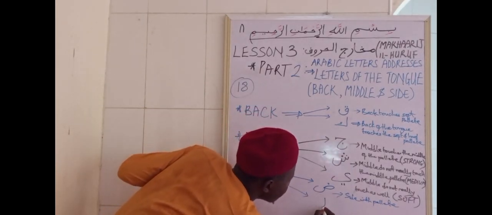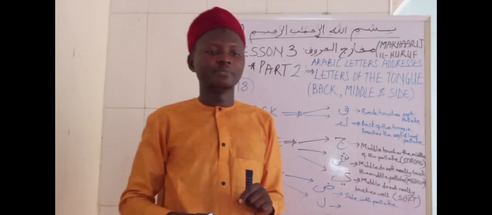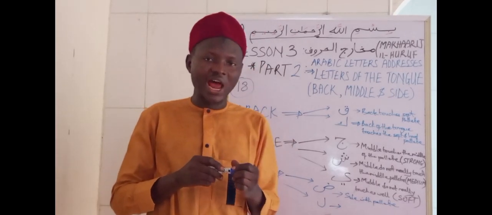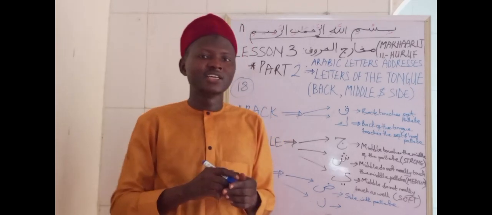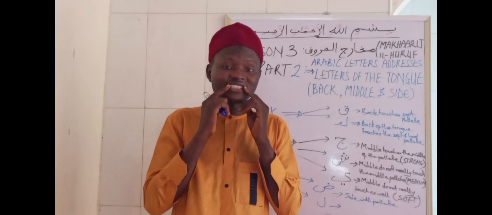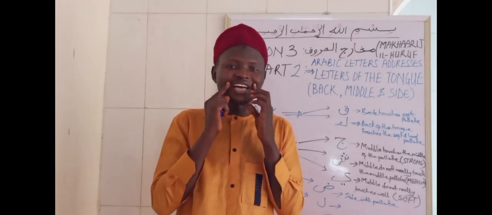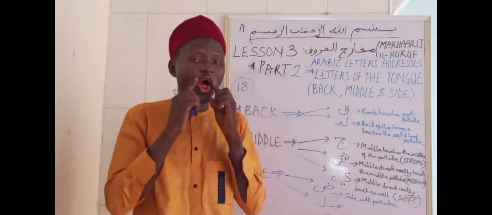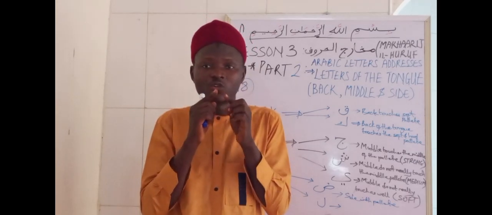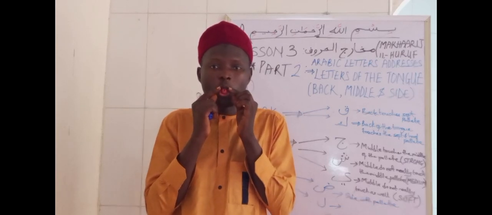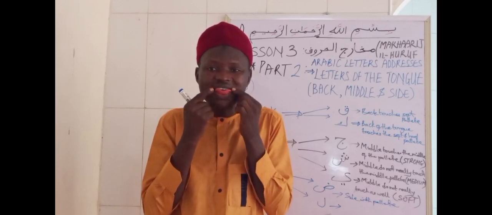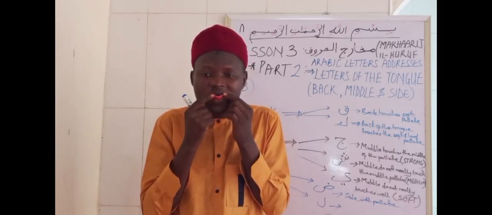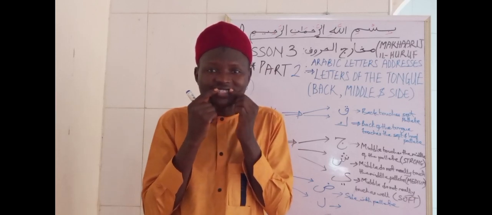So is lam. Is what? Lam. Say it. Lam. If you look at lam, it's equally the side of the tongue, but the difference is that when you are pronouncing dad, it is the full length of the side, but for lam, it is only the frontal side of the tongue.